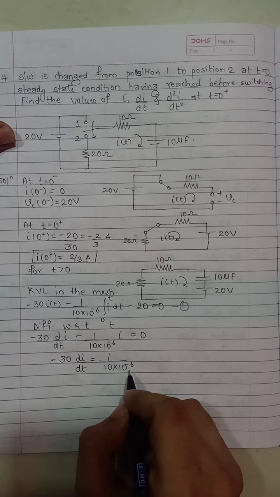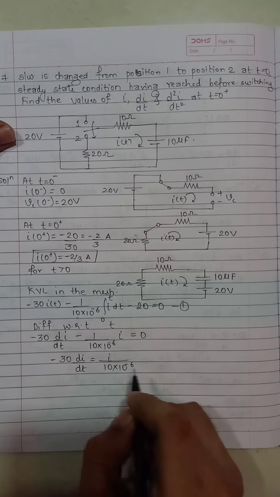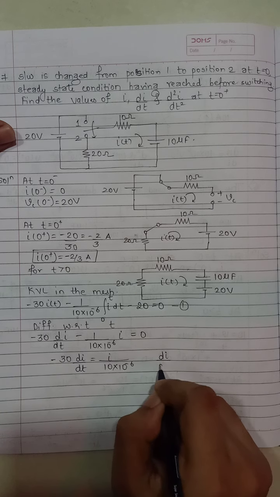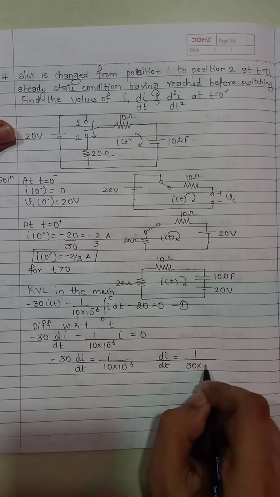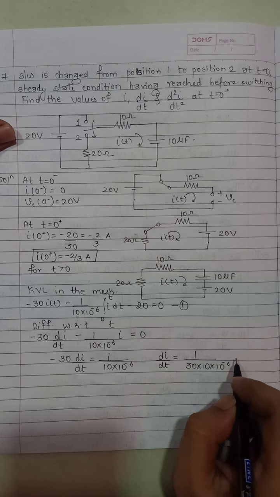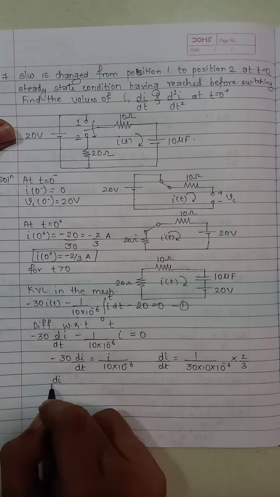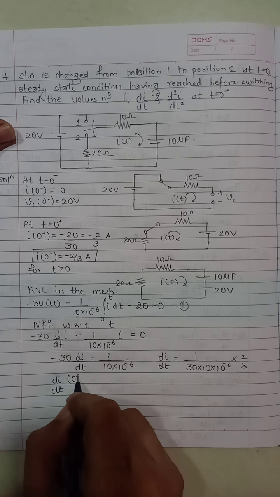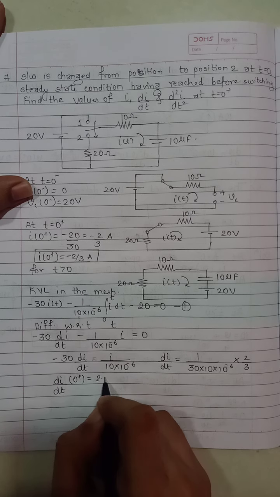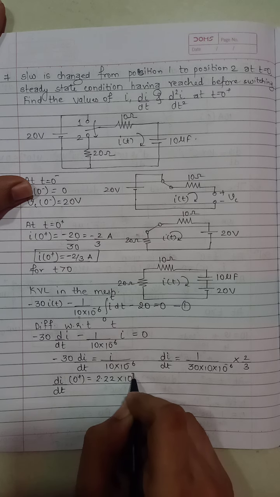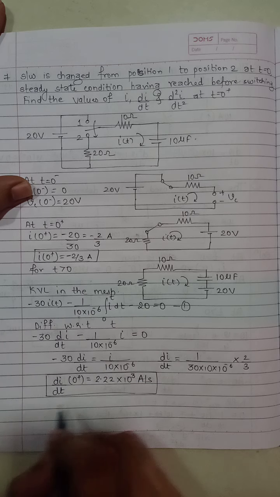So again i we have got as minus 2 by 3. So we'll substitute i here. So I can say di by dt will be 1 upon 30 into 10 into 10 raised to minus 6 into 2 by 3. So I'll get di by dt at 0 plus as 2.22 into 10 raised to 3 amperes per second. So I've got di by dt.